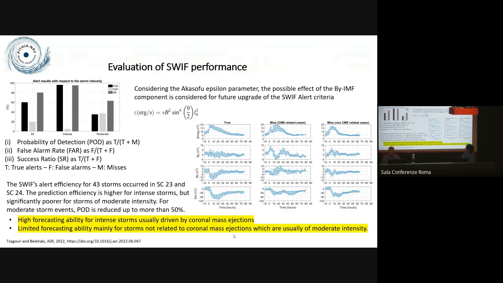So, based on the original Gasofu theory, we think that we have again to consider also the variation of the BY together with the variation of the BZ, because the BY component is considered in the coupling of the magnetosphere with the ionosphere based on this fundamental equation.